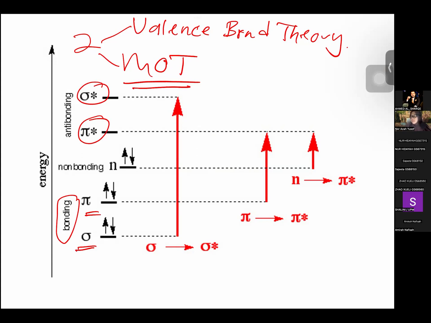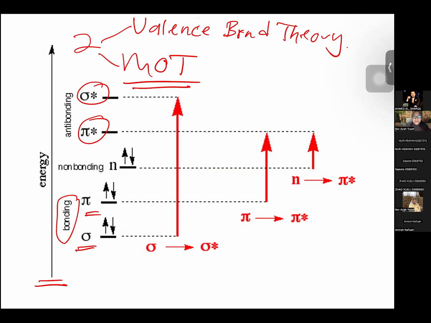So in molecular orbital theory, it is introduced as bonding orbital and anti-bonding orbital. The one with star is anti-bonding. The one with no star, sigma and pi, is bonding. You can see this is the energy level. The anti-bonding is of course higher energy, whereas the bonding is lower energy. So this is the transition of electron that can happen.